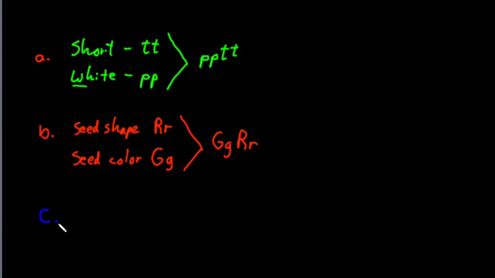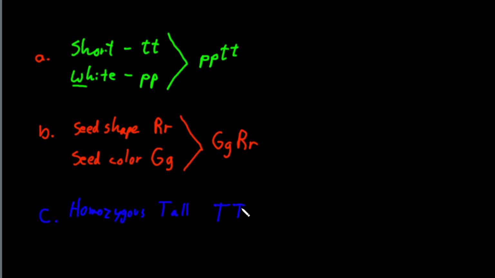Part C. Let's look at part C. A homozygous tall plant with wrinkled seeds. Homozygous tall. Okay, and since tall is the dominant trait, that will be capital T, capital T. Homozygous, same.